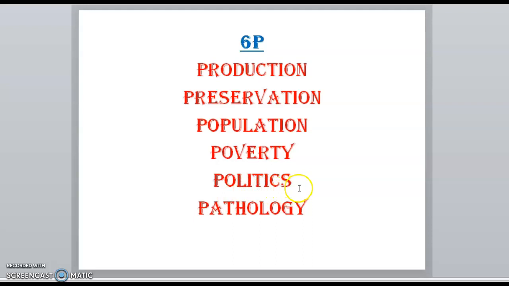Then the next one is politics. Politics means governance mechanism in a particular area, whether there is proper communication facility or proper food distribution system, as our government is providing ration through the public distribution system. So whether it's reaching the targeted beneficiary or not. In the second case, the government is also promoting certain welfare programs, like the Mo Chhatwa program. Through the Mo Chhatwa application, the Odisha government is providing take home ration facility, right?